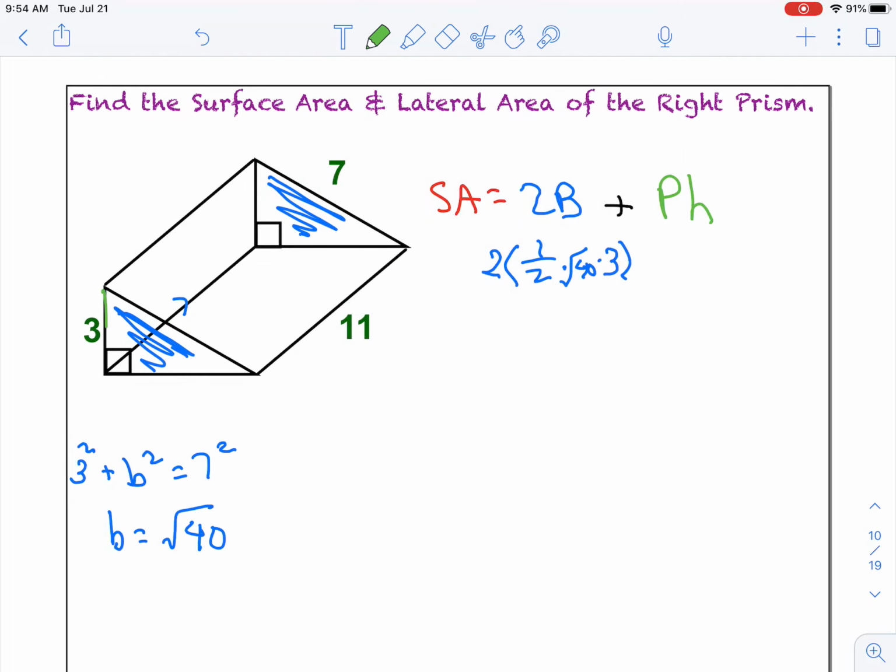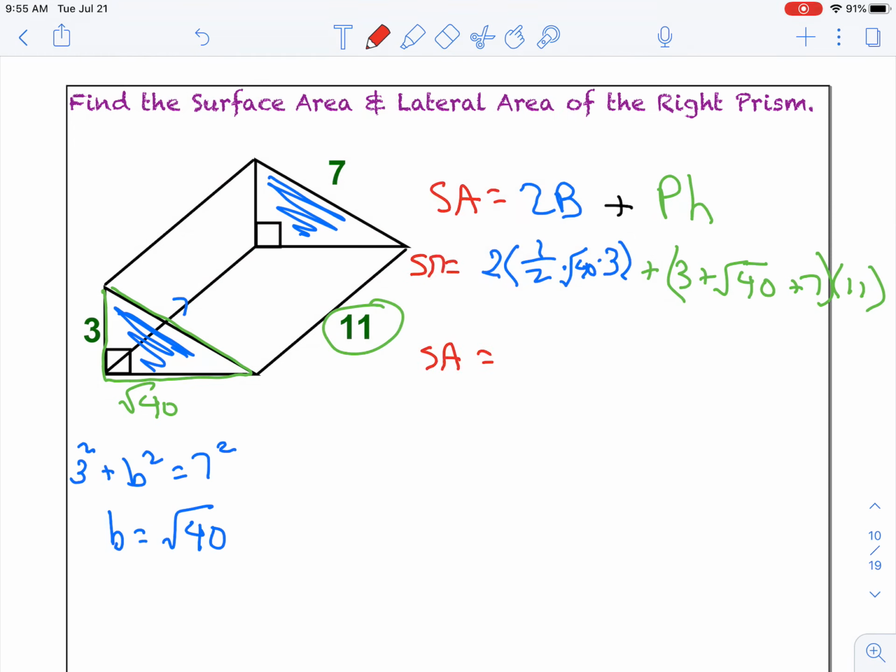Now I'm going to work on the perimeter of the base. Remember, I said this was the square root of 40. So the perimeter of my base is 3 plus the square root of 40 plus 7, times the height of the whole prism, which is 11.